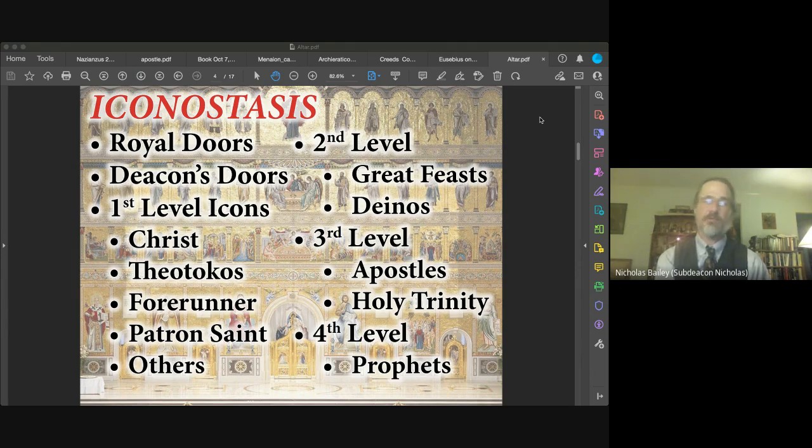So sometimes you'll have one of either on the two doors. To either side of the royal doors, you'll have Christ on one side and the Theotokos on the other side.